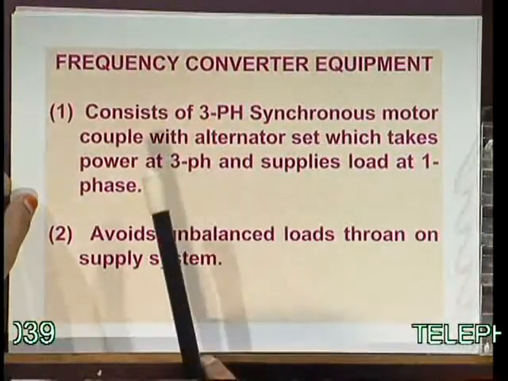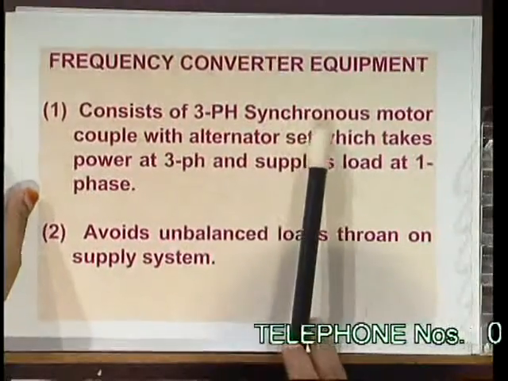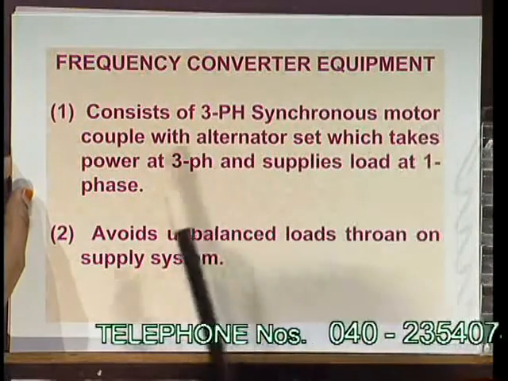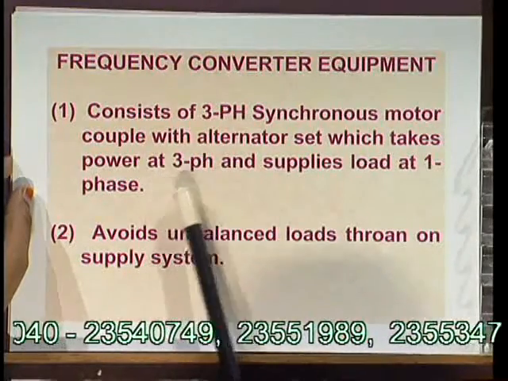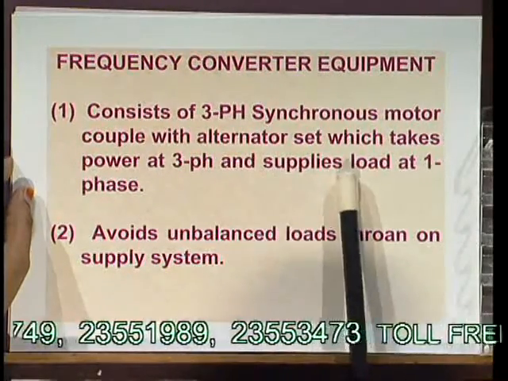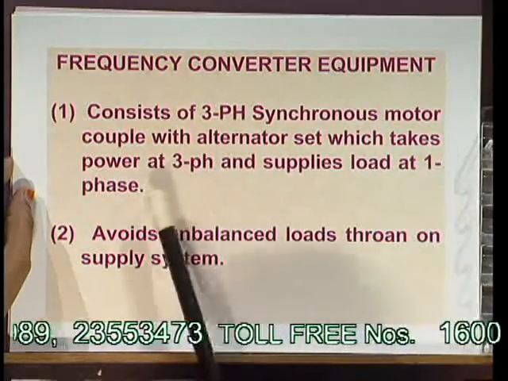In fact, this system has a major drawback that it is costly, because special frequency converter equipment has to be placed for this system. The frequency converter equipment consists of a 3-phase synchronous motor coupled with an alternator set which takes power at 3 phase and supplies load at single phase.